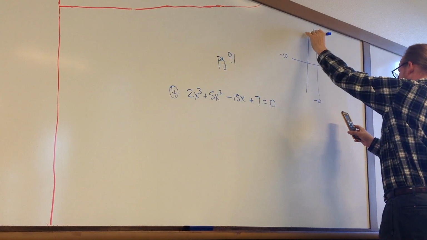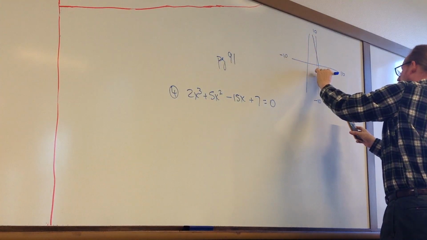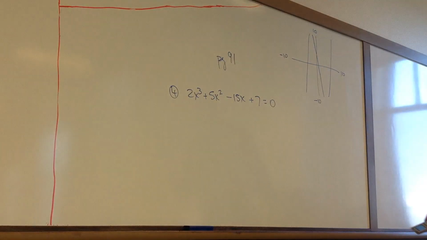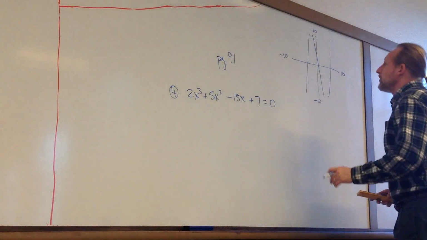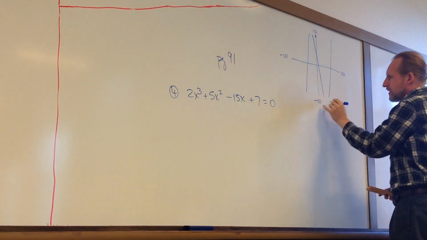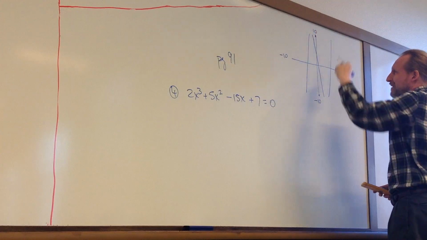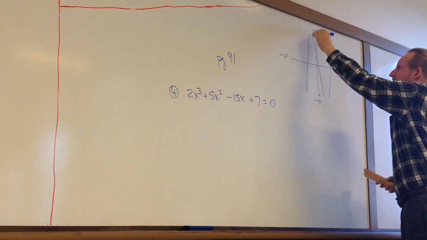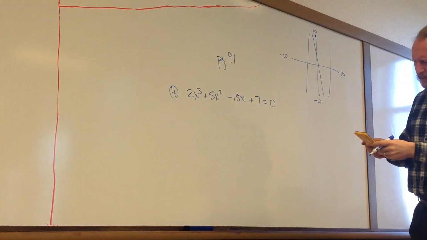Disappears off the screen, comes back on, disappears off the screen down here, it comes back on again. Okay. If you want to get a little bit better view of this, you can increase your x maximum and you can decrease your y minimum if you want to see the places where that curve is connected.